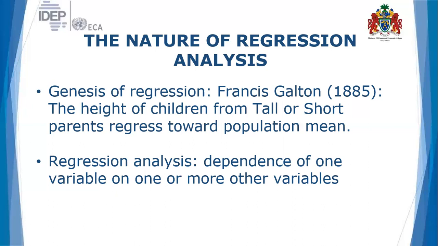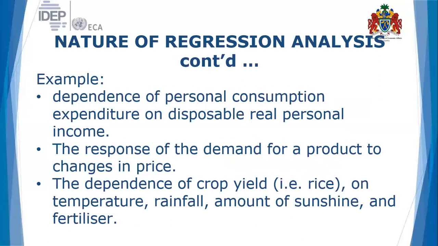These are independent variables. For example, we can look at the dependence of personal consumption expenditure on disposable real personal income. This is a common econometric or economic area of interest.